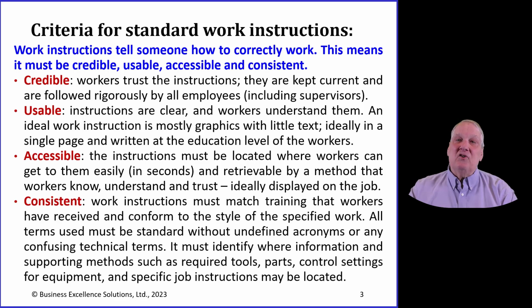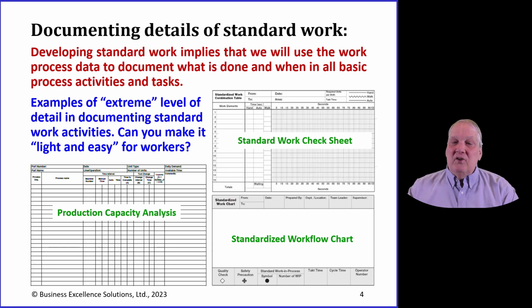And they have to be consistent. This means that when we train the workers on how to do the job, the standard work instructions also have to follow that same training. So we have to identify what information is necessary, where the tools are, and the standard settings for control of equipment, as well as specific job instructions. There are different forms that we can use.